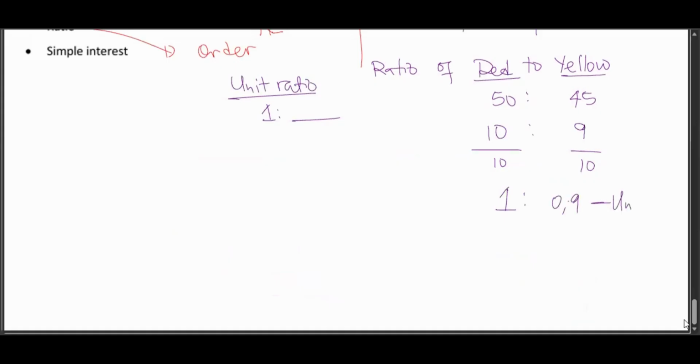This is what we call a unit ratio. And this is what we call the simplified ratio.